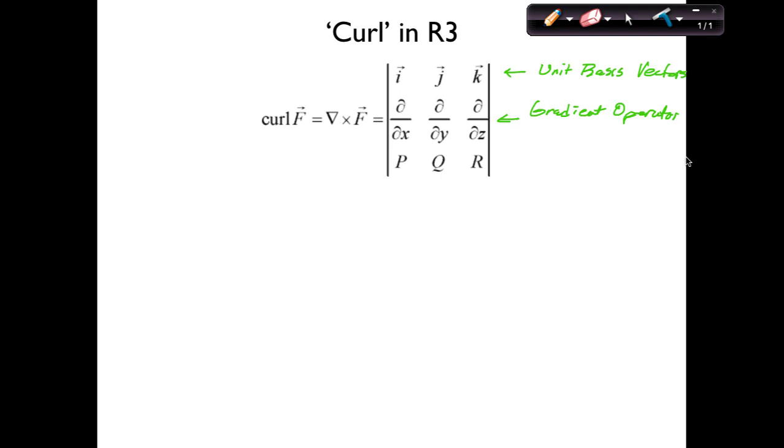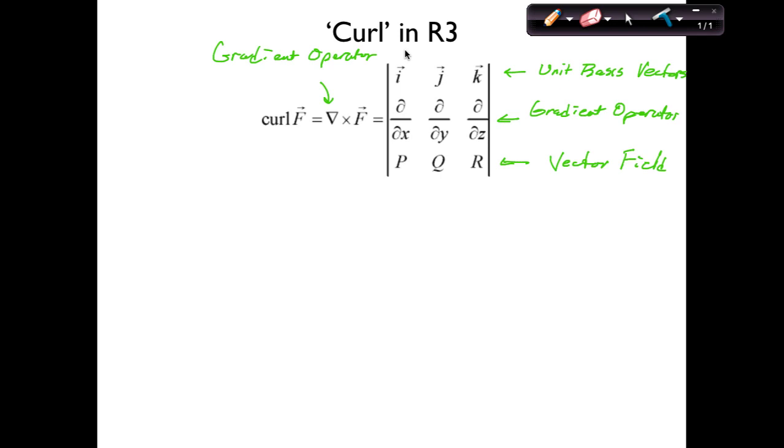So that's the gradient operator, and then here's our vector field. We follow the cross product algorithm, but with the gradient operator, meaning take the partial derivatives of P, Q, and R with respect to x, y, and z as we follow the algorithm for the determinant.